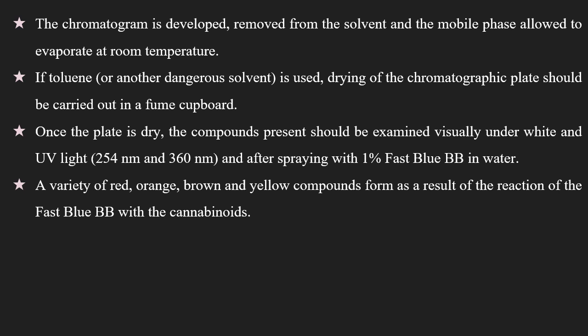A variety of red, orange, brown and yellow compounds are formed as a result of the reaction of Fast Blue BB with the cannabinoids. By comparing the color formed in the sample with the standard, the probable cannabinoid can be identified by this technique.